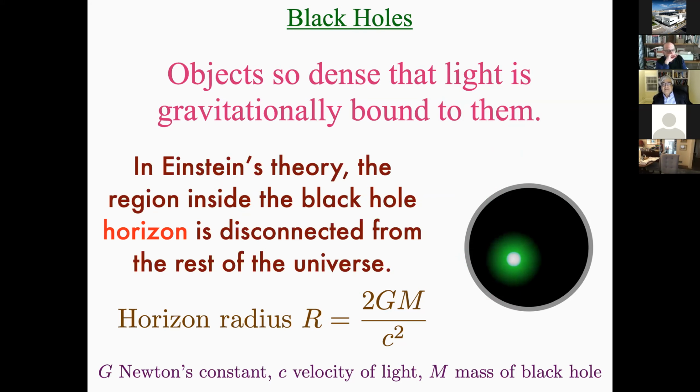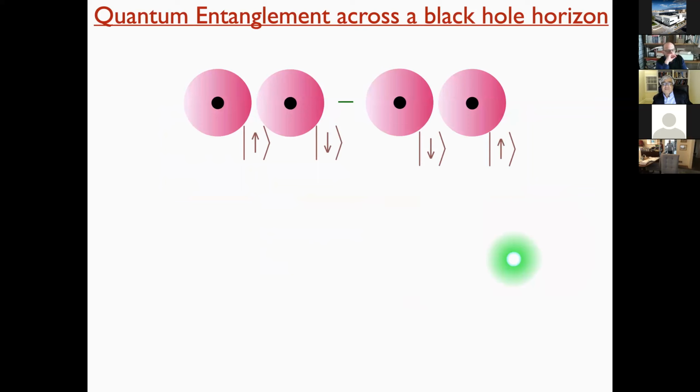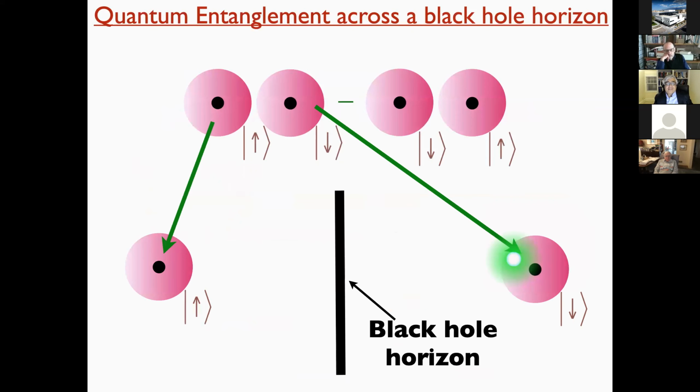All right. However, quantum mechanically, there is a connection between the inside and outside. And one simple way to think about it is to do an EPR experiment. You take a pair of entangled electrons, and you throw one inside the black hole and the other outside. And quantum mechanically, they're still entangled.